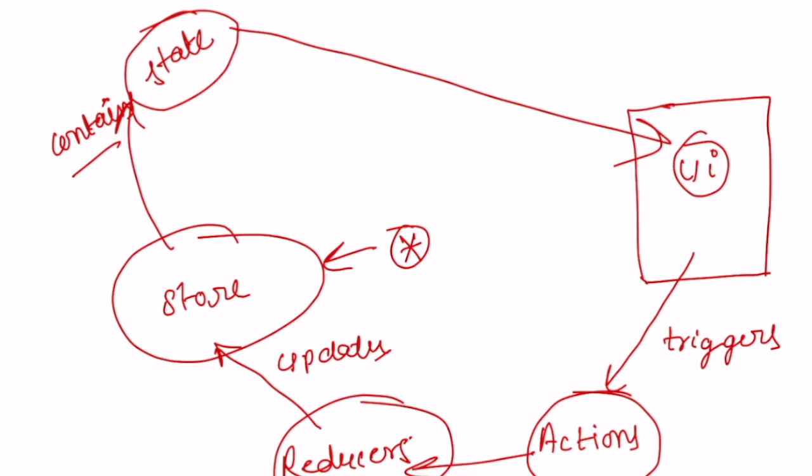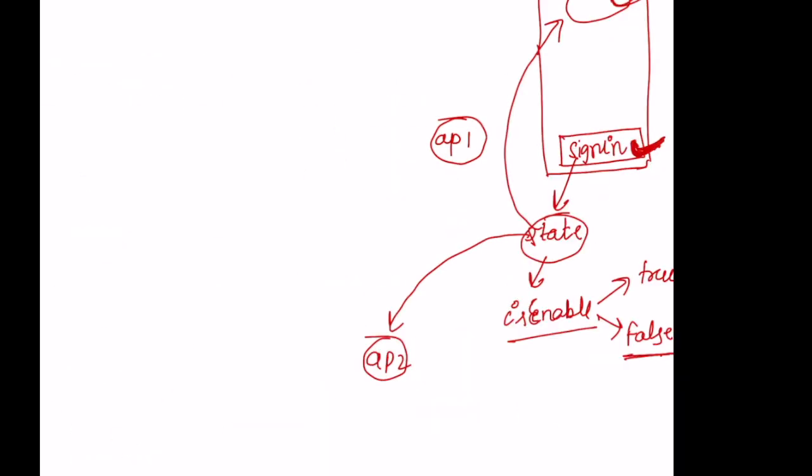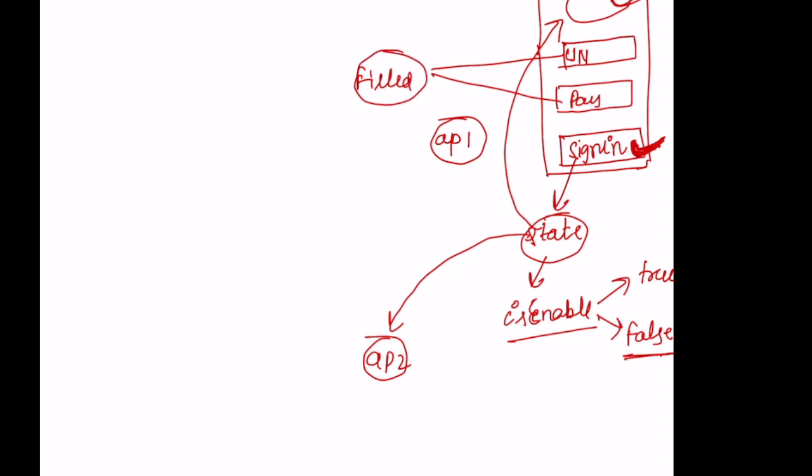So here you can see we have to trigger an action. Let me tell you. Let's say we have two fields, username and password. So if the username and password are filled, we have to manage the state isEnabled as true.